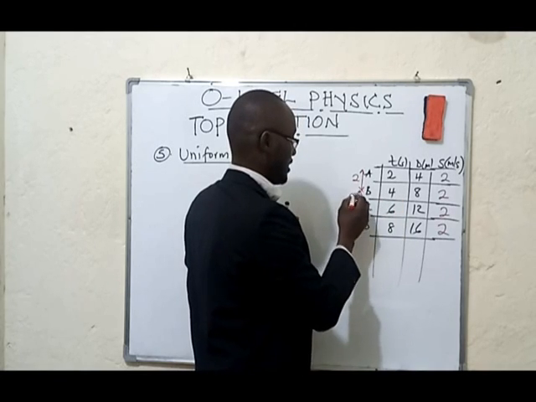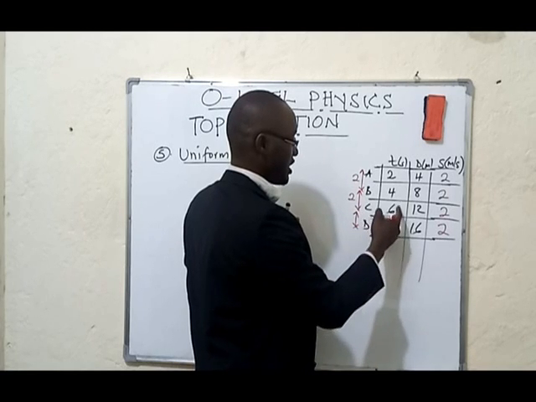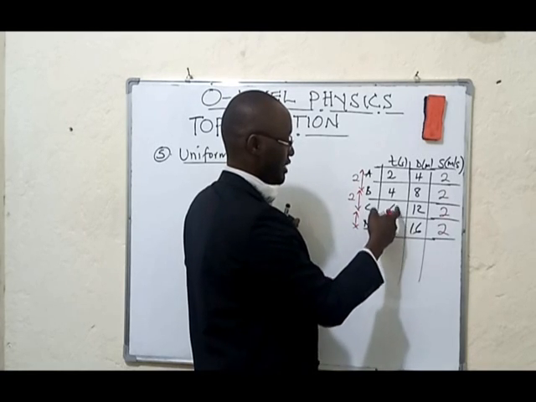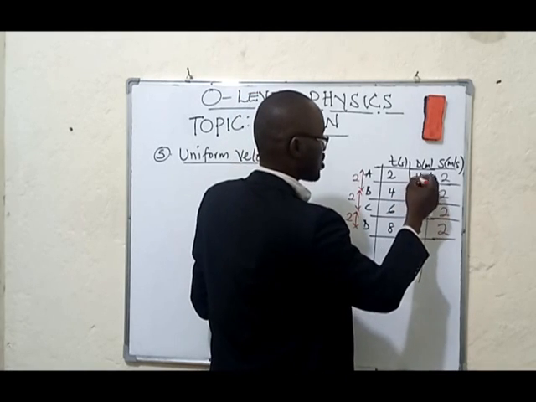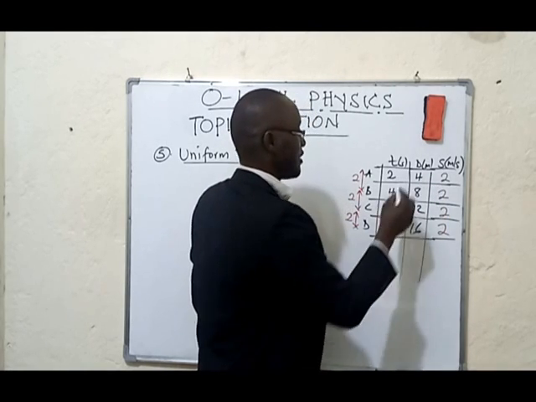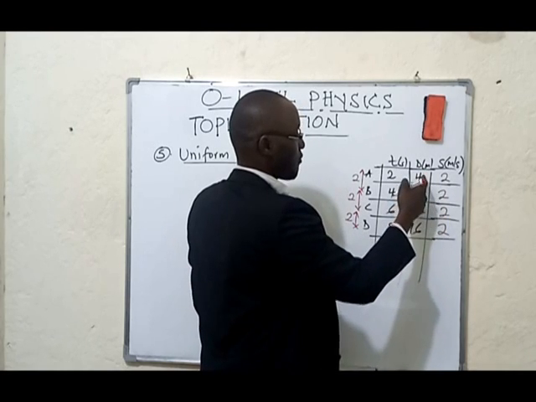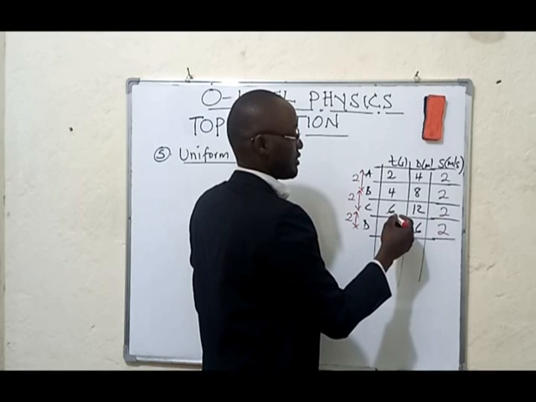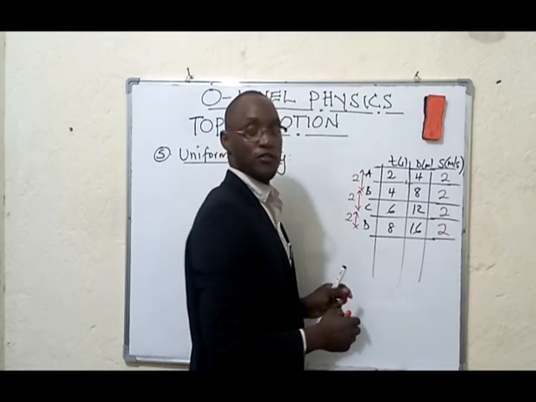The difference there is 2. From C to D, the time change is 8 minus 6, which is also 2. Let us also look at the change in distance. The change in distance, or displacement, from 4 to 8 is 4.